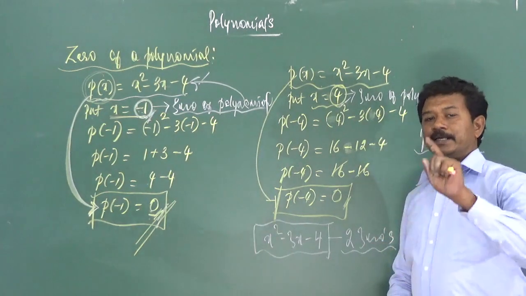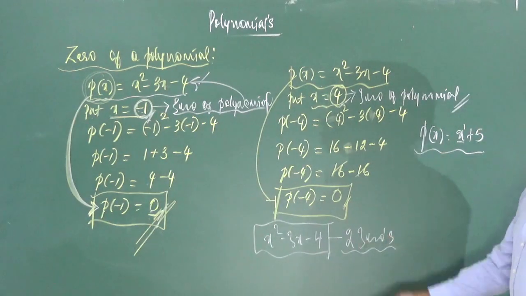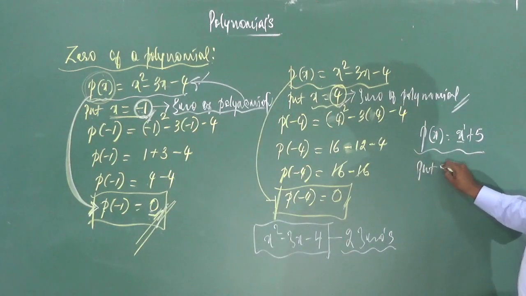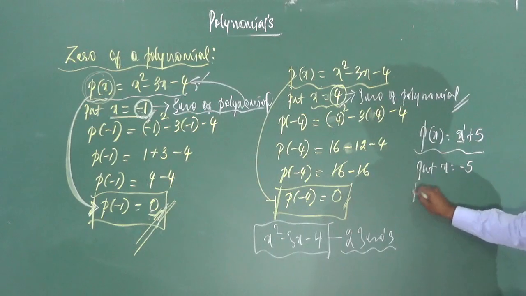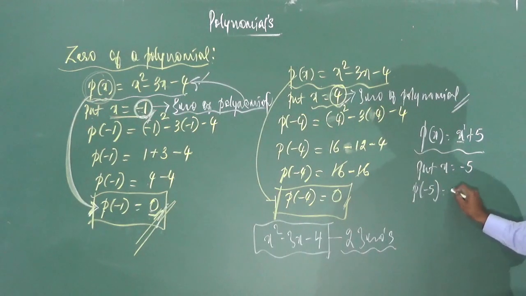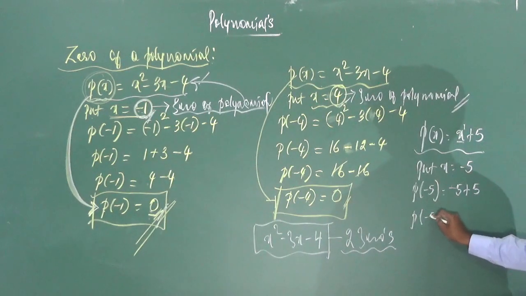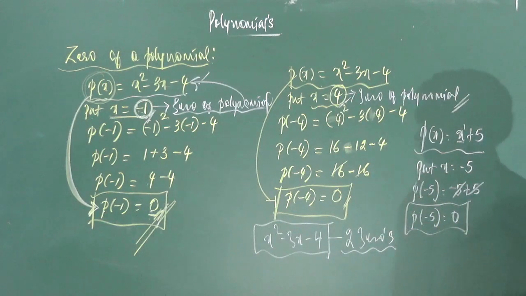Therefore it is called a linear polynomial. Now let us see how many zeros are there for this polynomial. So put x is equal to minus 5. I hope you are guessing it. So p of minus 5 is equal to minus 5 plus 5. It cancels and is equal to 0.